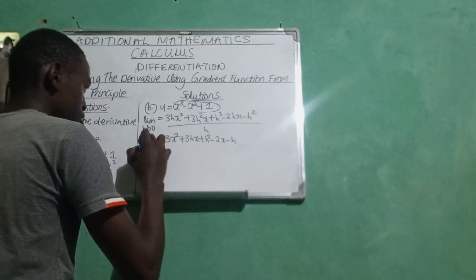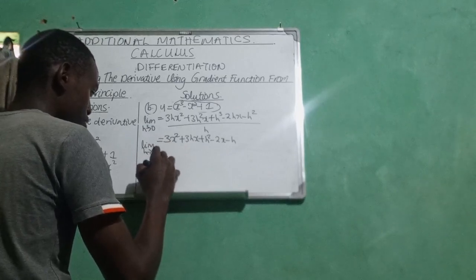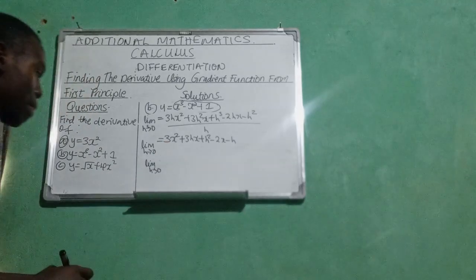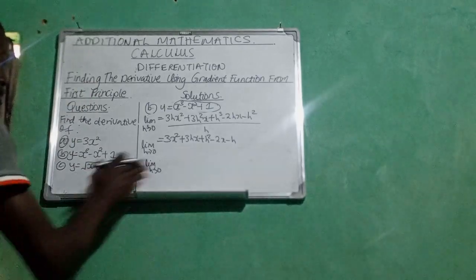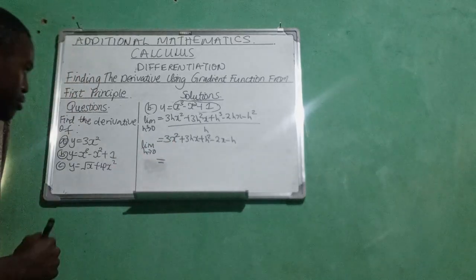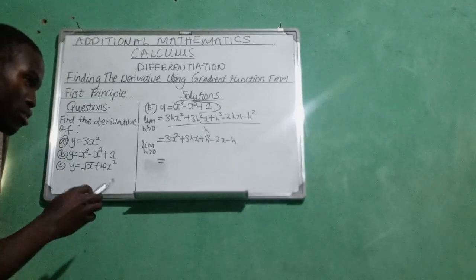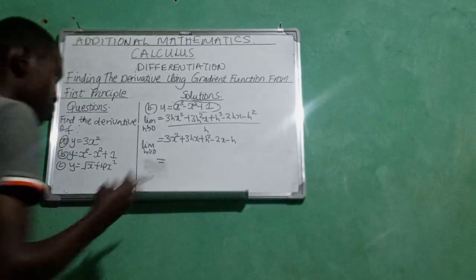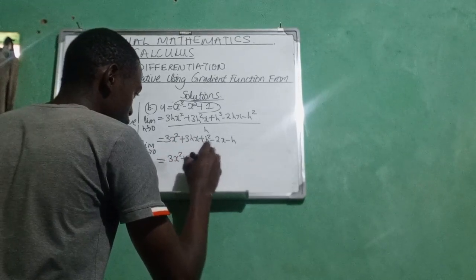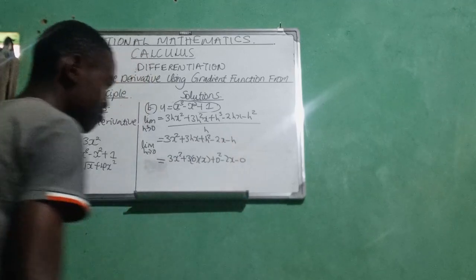Let's not take the limit, sorry. Since I've already divided by h, let's substitute. Everywhere you see h, put 0. This becomes 3x squared plus 3 multiplied by 0 multiplied by x plus 0 squared minus 2x minus 0.